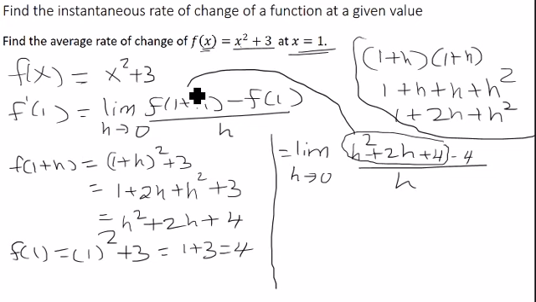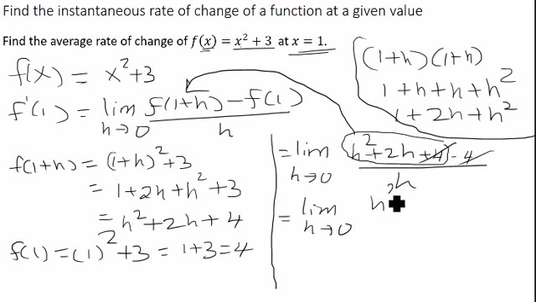So now we have to simplify it, so 4 and negative 4 cancel before we apply the limit. So limit as h goes to 0 of h squared plus 2h over h.